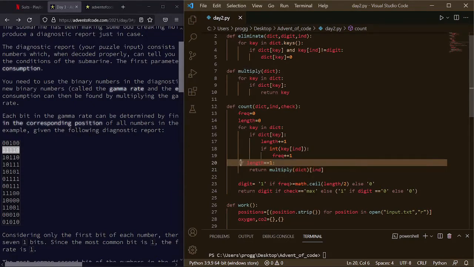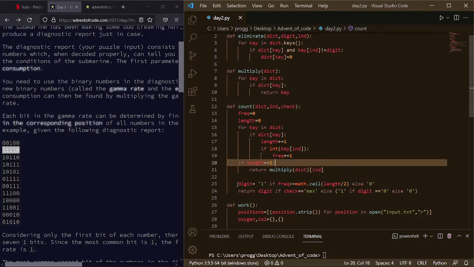Now, if length is equal to 1, which means that there is only one possible number left in the dictionary, and obviously that will be the number which will be the oxygen generator rating, because there simply are no other numbers against which we can check. So that will be the oxygen generator rating.